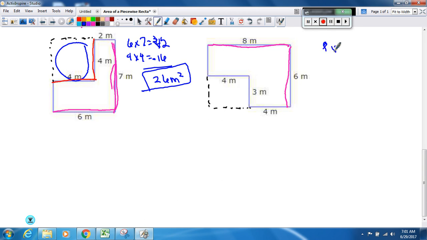So 8 times 6 is 48. And here is the hole. And the hole is 4 times 3. 4 times 3 equals 12. Because that's a hole, you have to subtract it out. So you get 36 meters squared.